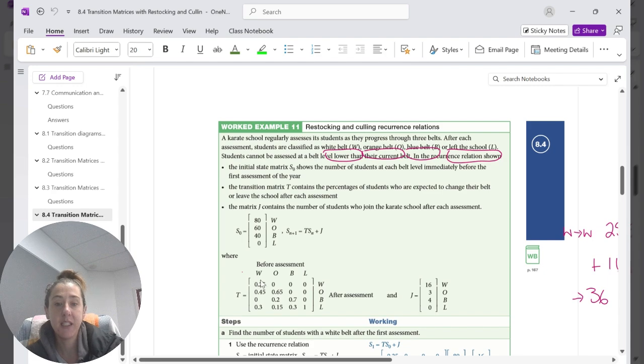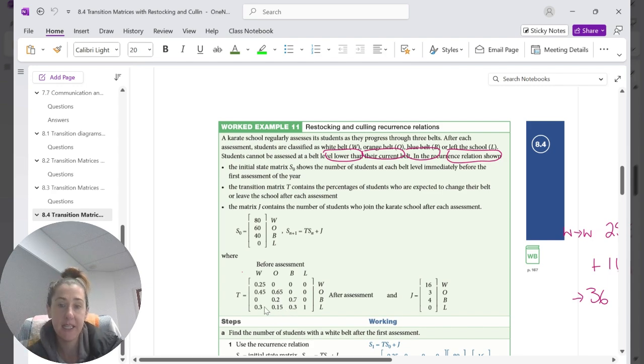So they expect 25% who were white belt to go to white belt. They expect 45% who were white belt to move to orange belt. They expect 65% who were orange belt to stay orange belt. Can you see that no one's jumping? No one's going from white belt up more than one belt.